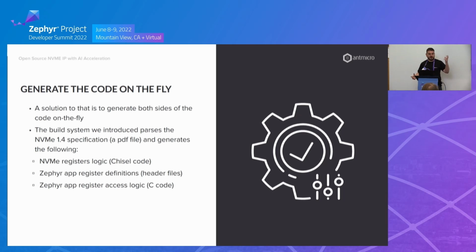We were able to connect the device to PCIe. The host did some initialization, talked to our application in Zephyr, and we were able to have a hard drive. But that's not really something that we want, just to have an NVMe device, because you can buy one. There are a lot of ready-to-use devices.